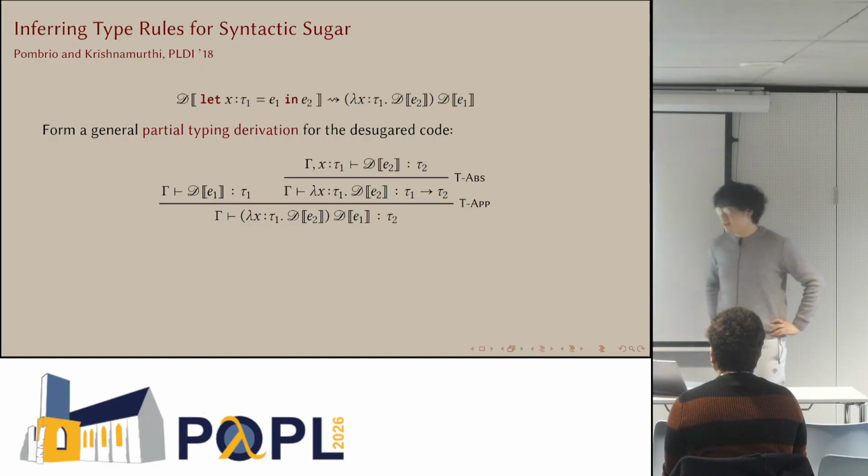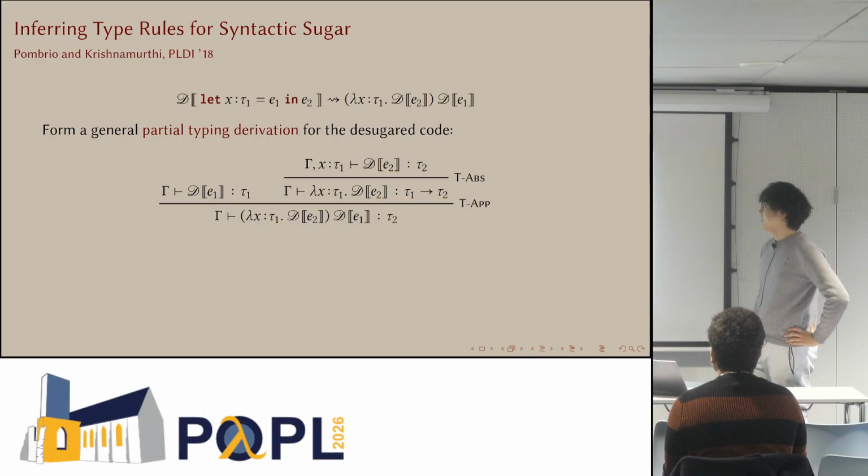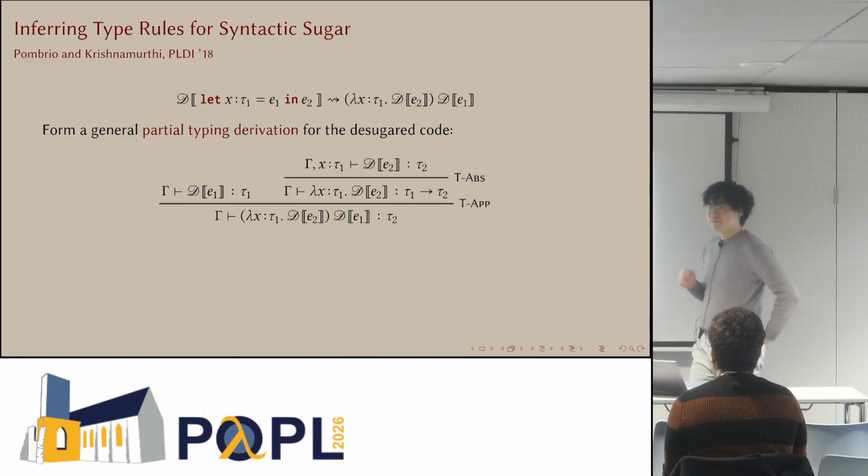So how do they do this? We can see that every instance of let desugars to code of this form. So when we type check this, the typing derivation always starts with a typing rule of application followed by a typing rule of abstraction. And then now the premises are on E1 and E2, desugared, and we cannot go any further.